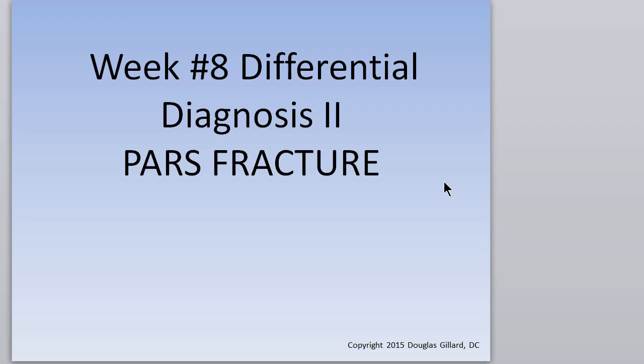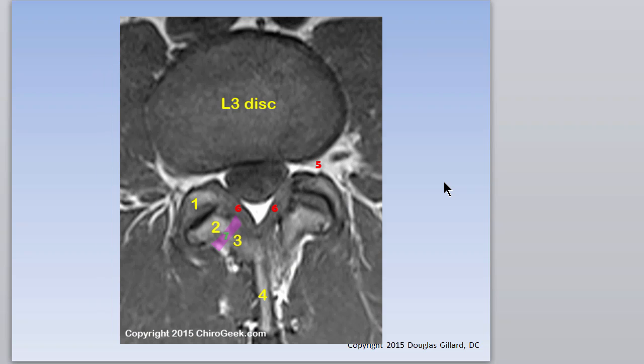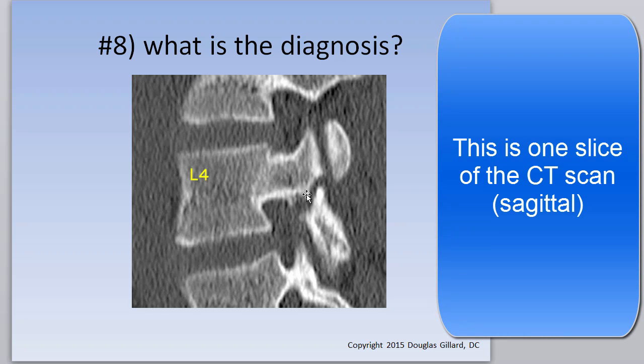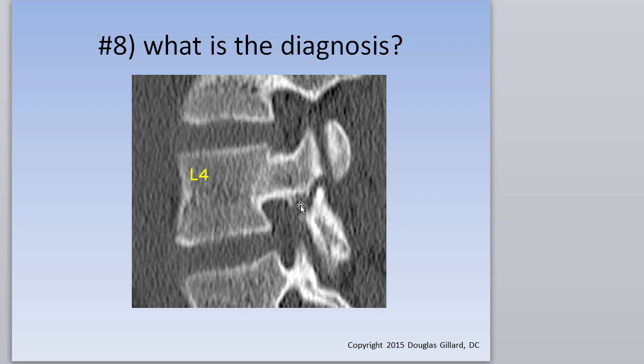A lot of questions on spondylolisthesis because you are going to see these things like crazy. So what type of image is this? Is it an X-ray? No, it's a slice. So remember we went over in great detail where the pars was, and the pars is right here. So this is a spondylolysis of L4. Is it bilateral or unilateral? We don't know.